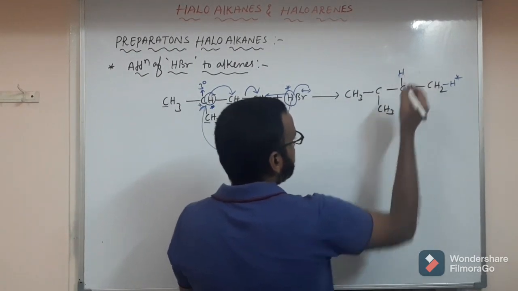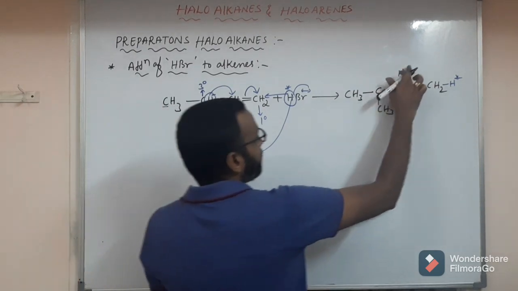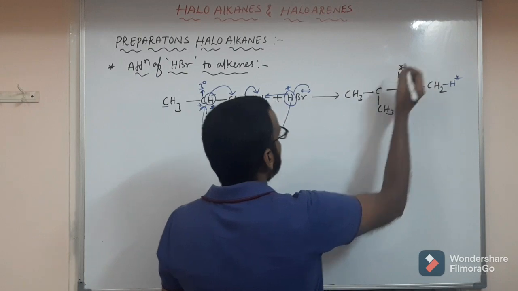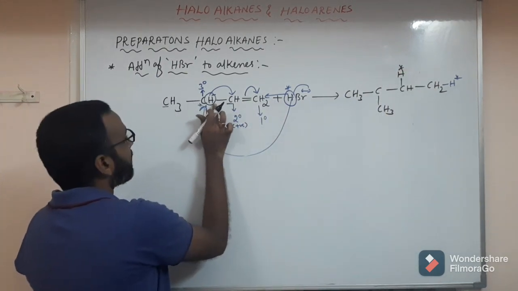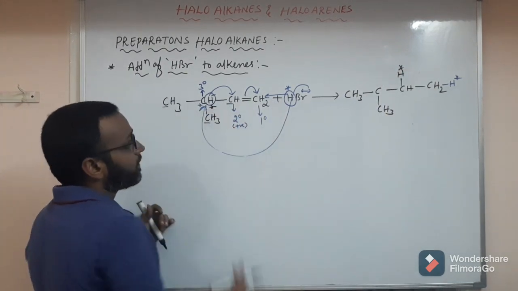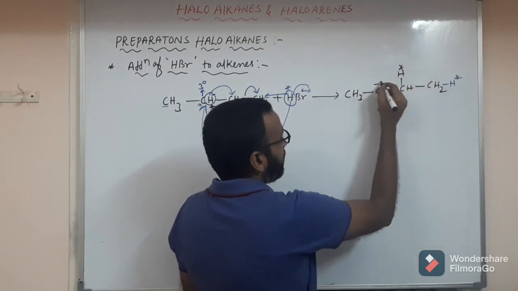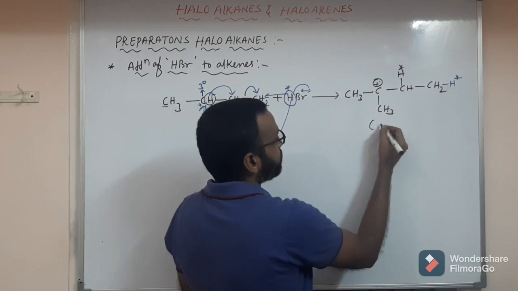I'll write it with black color: the migrated hydrogen from here, this black color hydrogen. As H minus is gone, here you have a positive charge. Which positive charge?